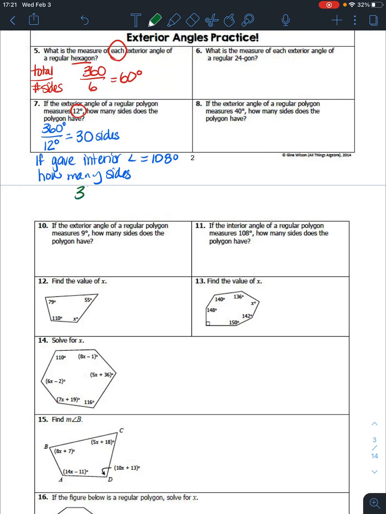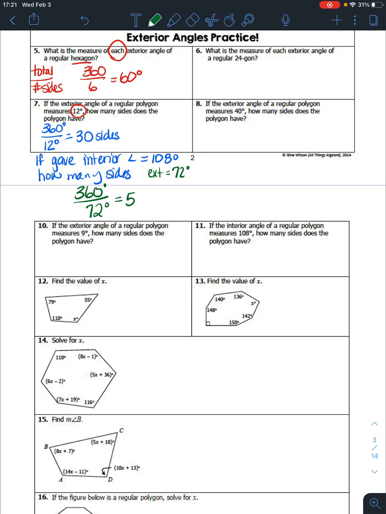So exterior is 360, but I have to divide exterior by exterior. And the problem is I gave you interior. Well, if interior is 108, then exterior, remember those are a linear pair, is 72. So I can divide 360 degrees into 72-degree increments and get that there are 5 sides. So if I ask you for the number of sides, always use the exterior angles, even if I give you the interior, but you have to do exterior divided by exterior.